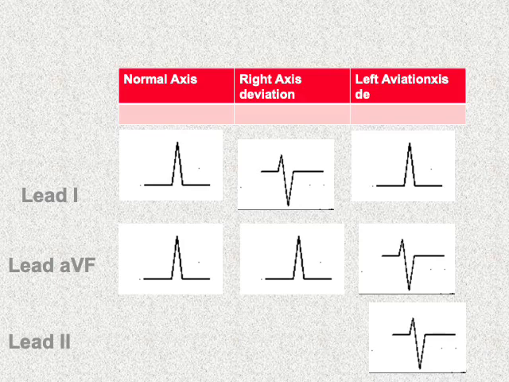This is another requirement for left axis deviation: lead 1 up, and lead aVF and lead 2 down. So just memorize: left axis deviation, they are away from each other. Right axis, they are shaking hands with the right hand, so lead 1 is negative and lead aVF is positive. If both are upright, this is normal axis.